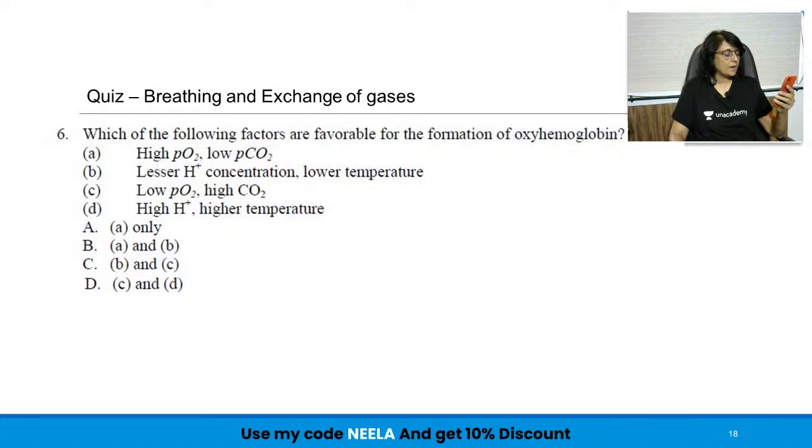Ayush, Zara, Kavipriya and Reena, they are saying the answer should be B option. Alpa is saying A should be the correct answer.